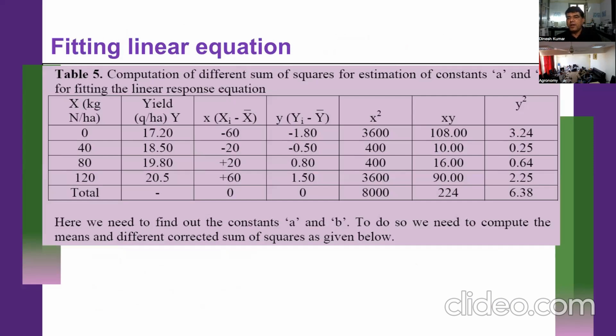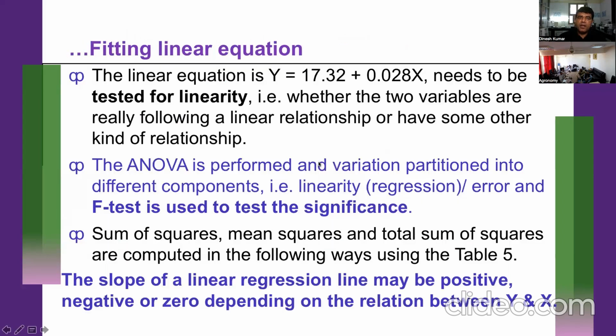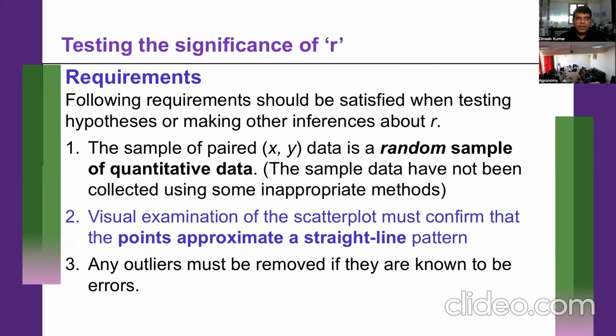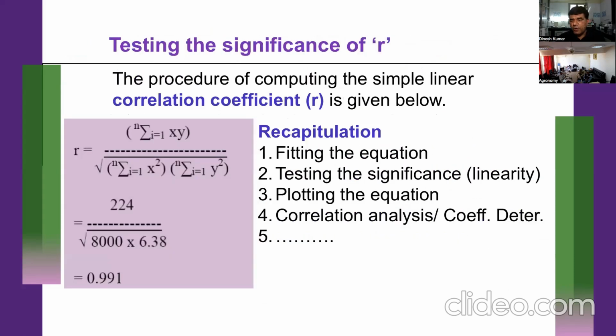You remember summation x square is here, summation xy is there. So all these parameters have been calculated by us. For the same, we are calculating the value of the correlation coefficient. We can put all those values here, and in this case, we found that the correlation coefficient is 0.991.